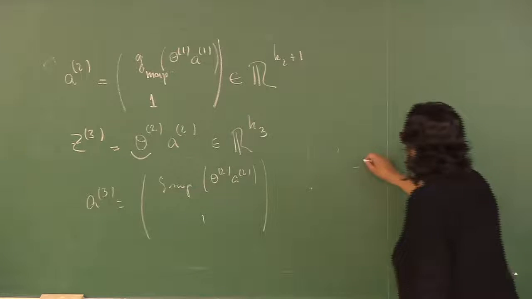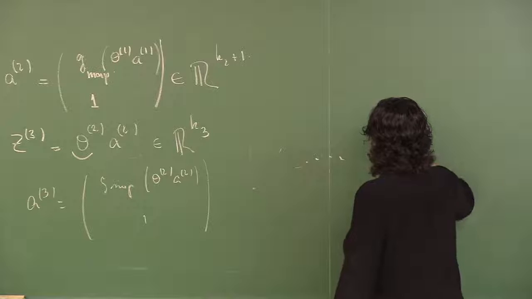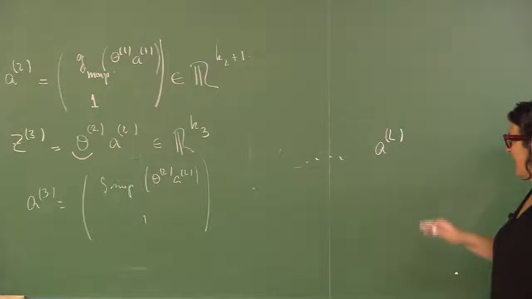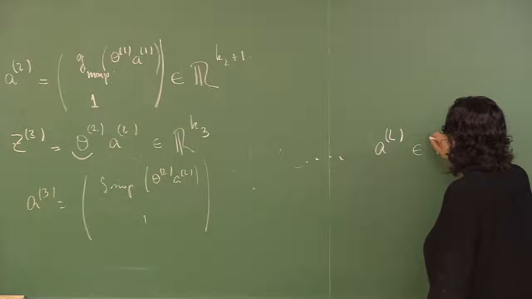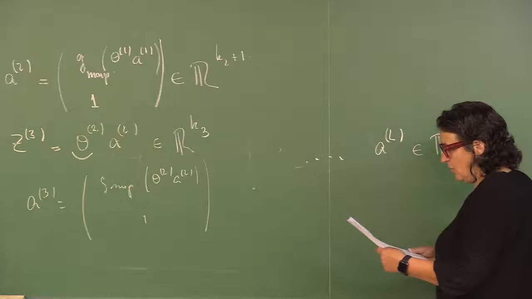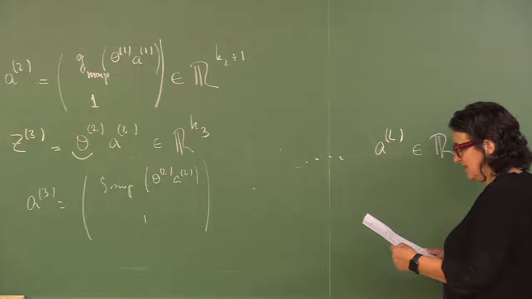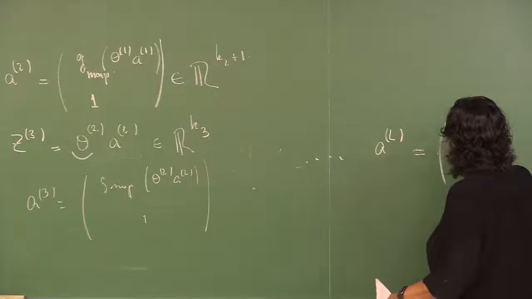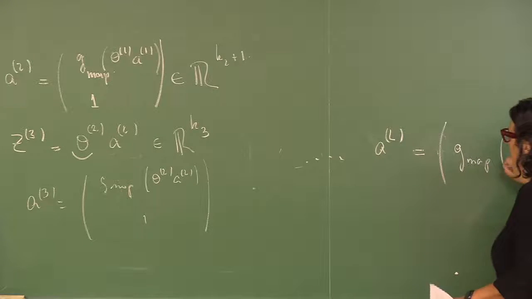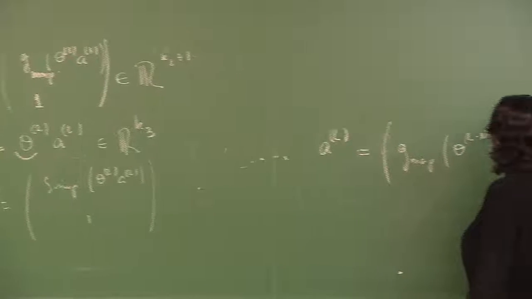I continue, and at one moment I arrive at the last one, AL, after L steps. But I have to be sure that this belongs to R. The AL, I will call it not AL, but without the 1. This is not exactly right. The last one is only going to have the G map of theta L minus 1, AL minus 1.